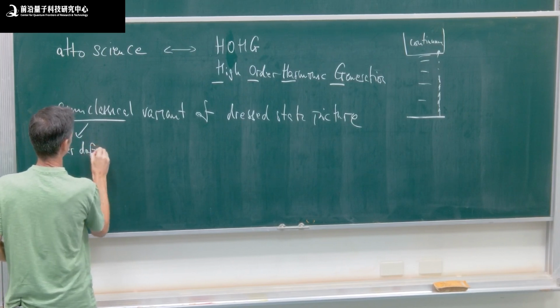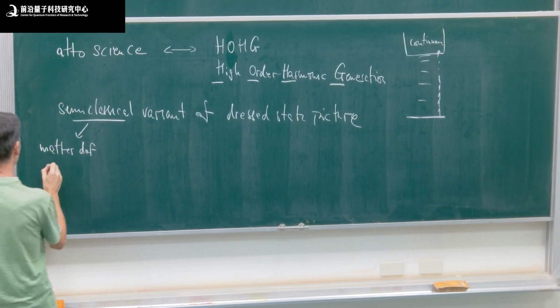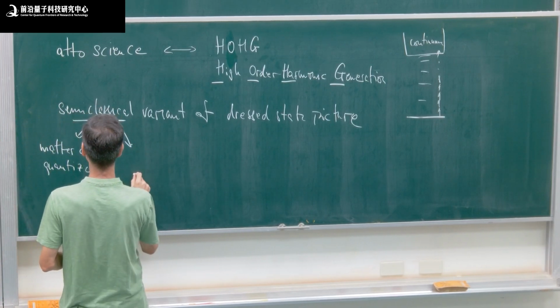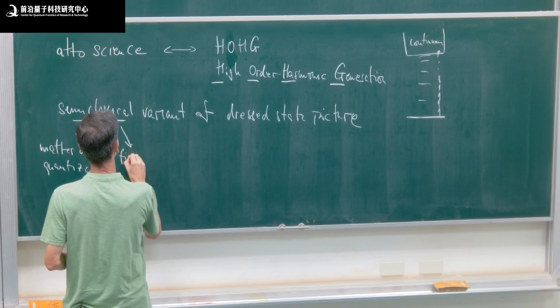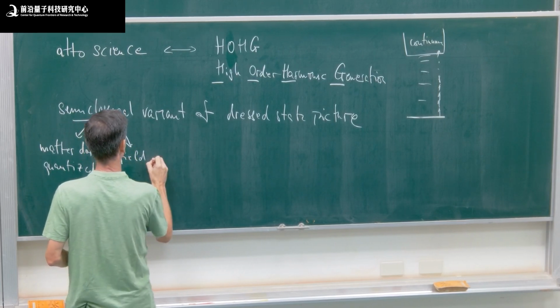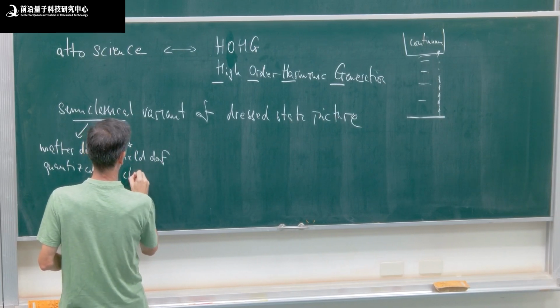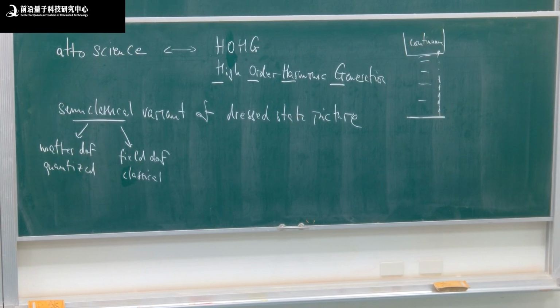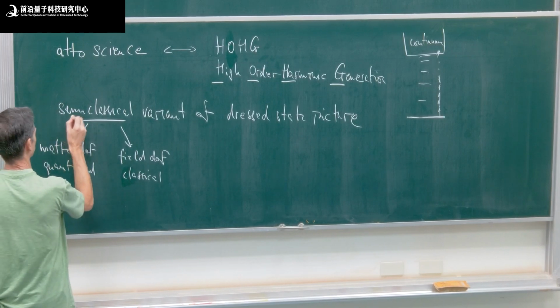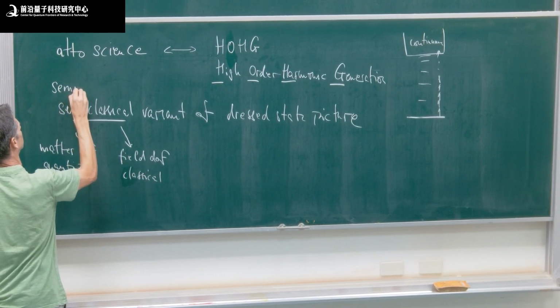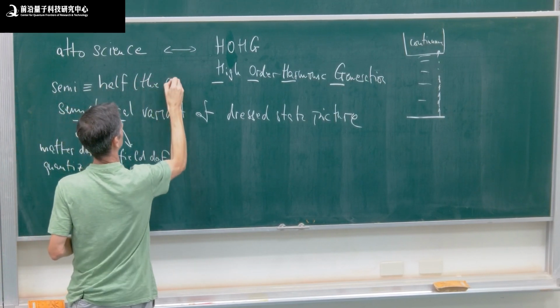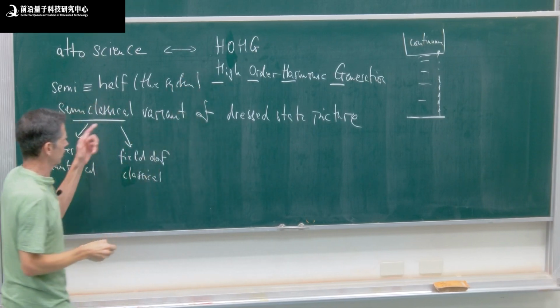degree of freedom, is quantized. And the field degree of freedom is considered classical, as a classical light wave, which has a well-defined frequency, a well-defined amplitude, etc. So half of the system is described classically, right?